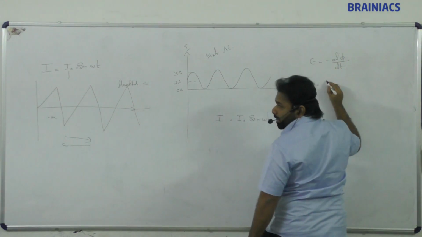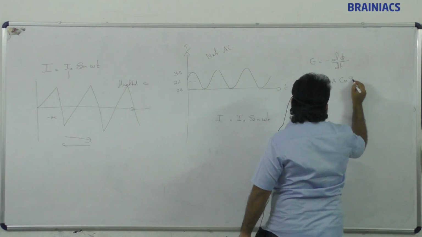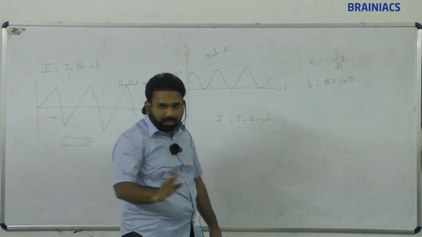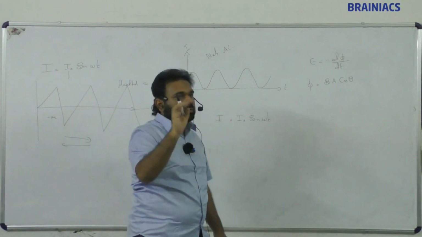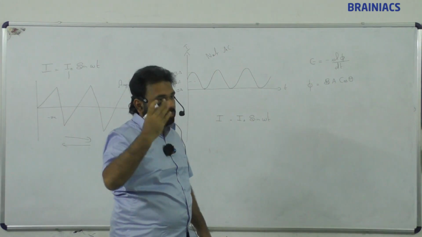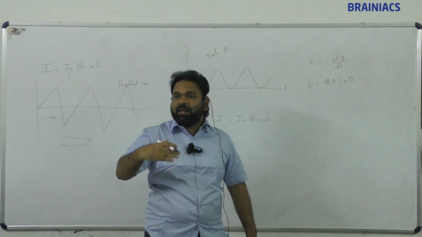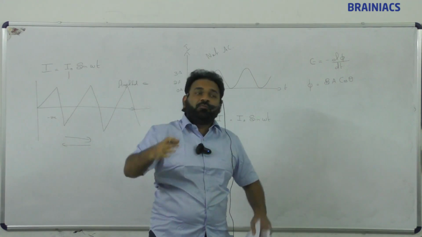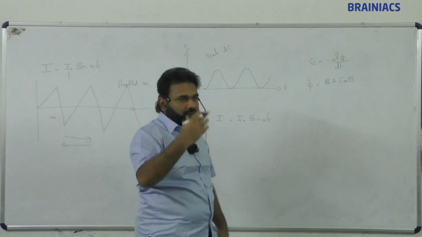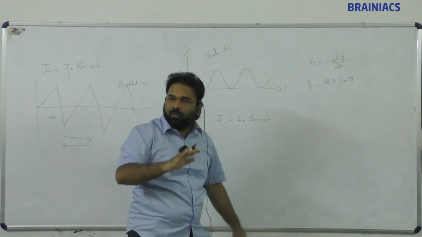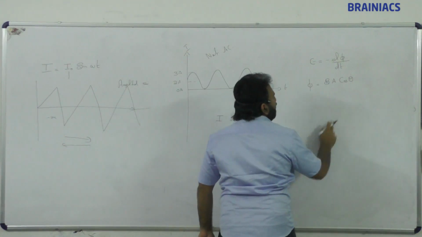Phi = B A cos theta, B dot A. Remember, no? Till electromagnetic induction you have completed, no? Small doubts also, if you have, ask now. Once you settle all the doubts in the beginning stage itself, then later you will not have those doubts. If you keep doubts with you, everywhere this will trouble you. Any basics, any problem, dot product, cross product, direction, anything, please address it now.